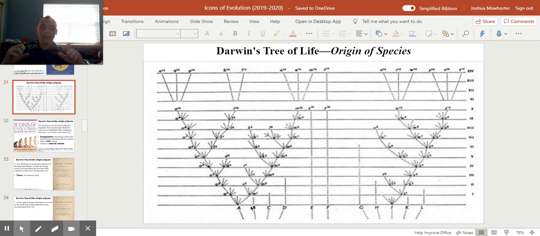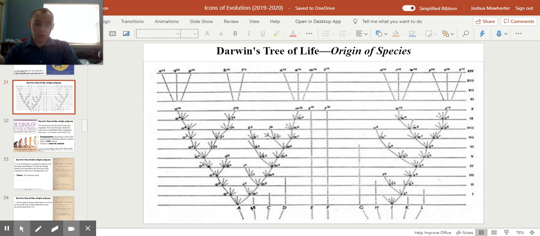The idea was that there would be these changes, and you go from a few simple organisms that would modify by some mechanism, changing into other kinds over a long period of time.